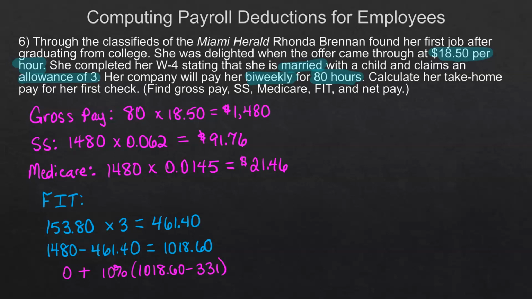Okay, so then we will calculate that, right? 10%, let me write that in decimal form. 0.1 times 687.60. So her federal withholding is going to be $68.76.